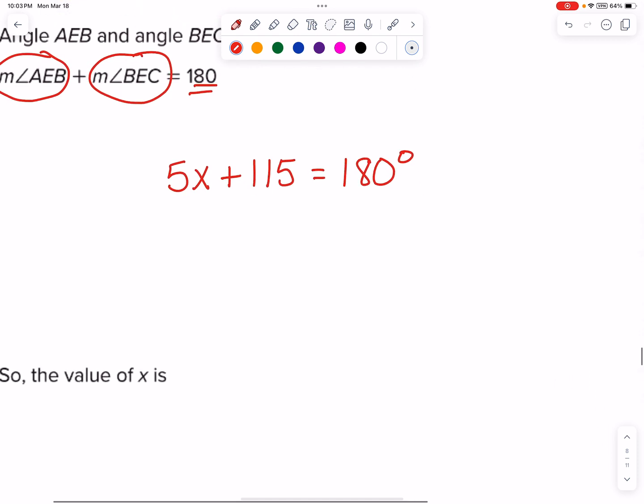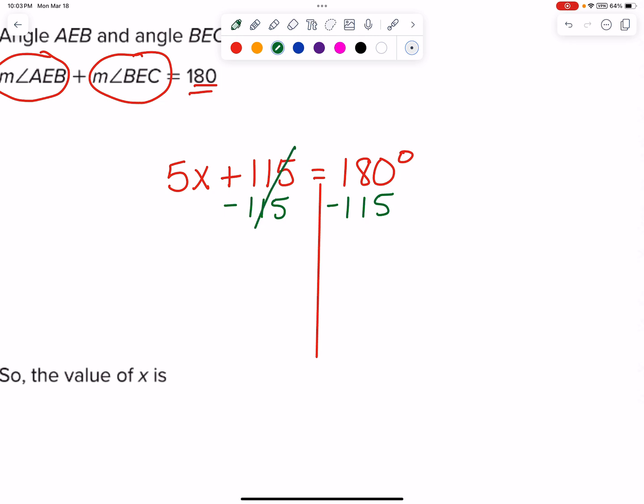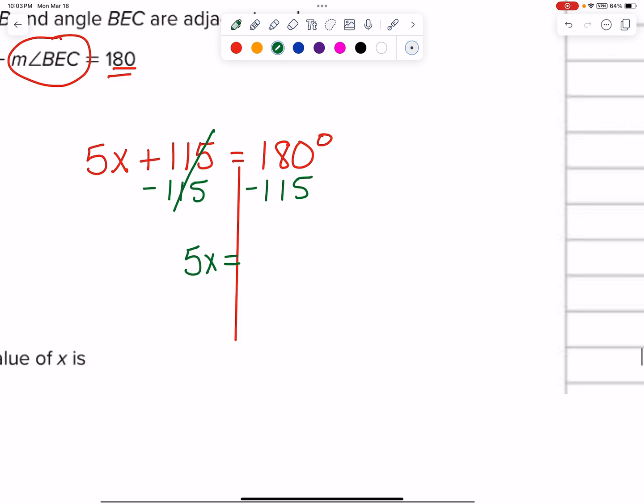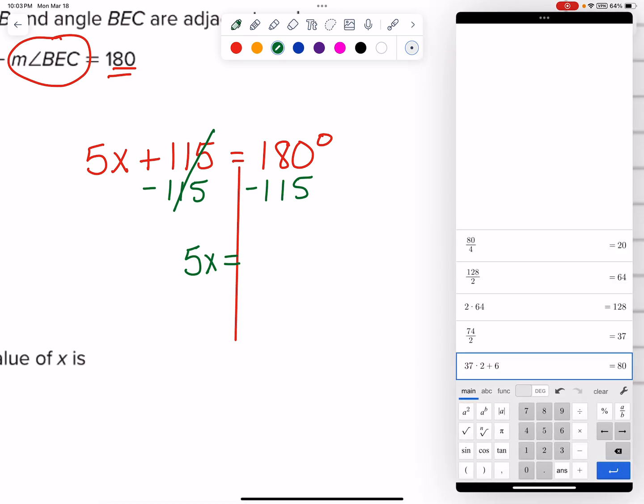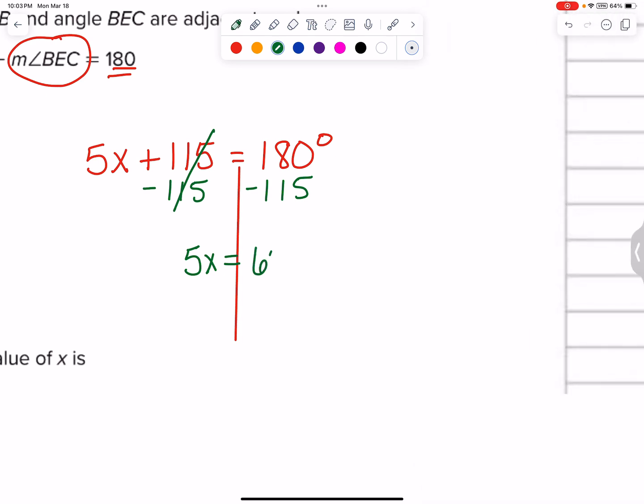And so once you know that, then you can go ahead and solve for x. Again, another little puzzle. So let's go ahead and solve this. We're left with 5x equals 180 minus 115, and we have 65.